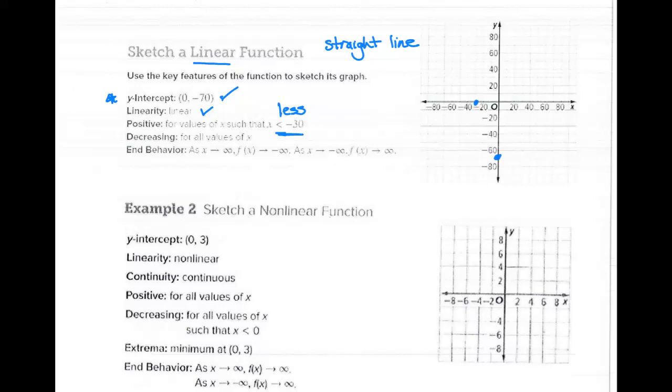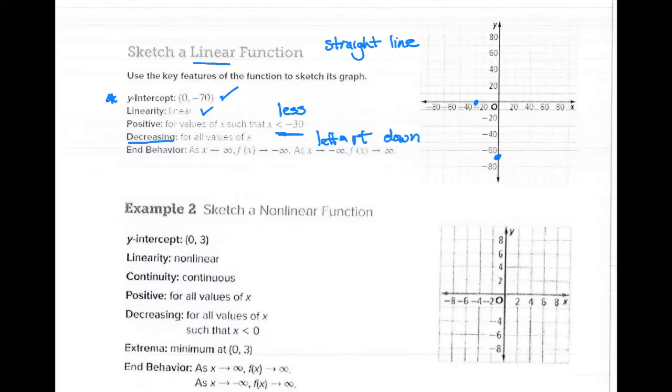Okay? It also says it is decreasing. It is decreasing, and you read math like you read words in English. You read from left to right. So it's decreasing for all values of x. That means from left to right, it's going to be going down.